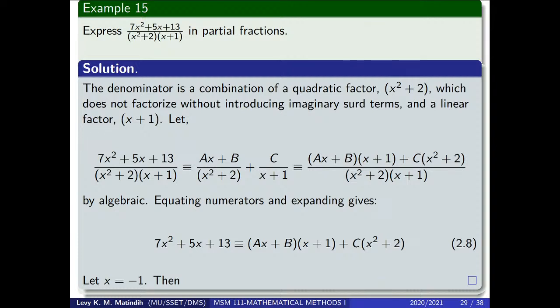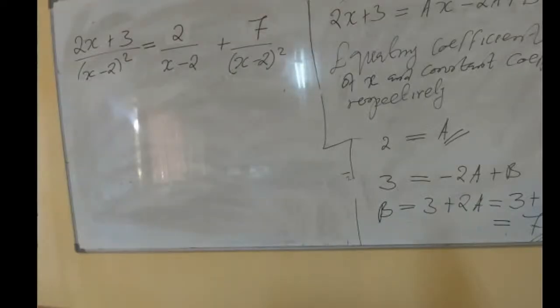Basically, you already have the notes, so to make our work easier and faster, I can just beam the solving, and then we'll be able to see what is on the ground. So let's now solve the example given here.